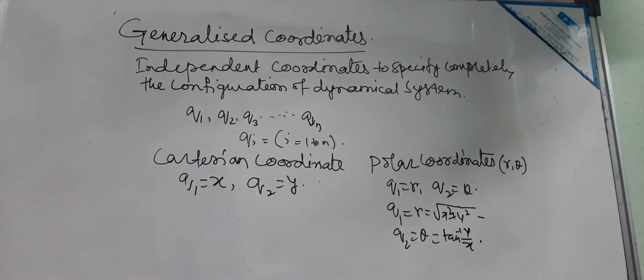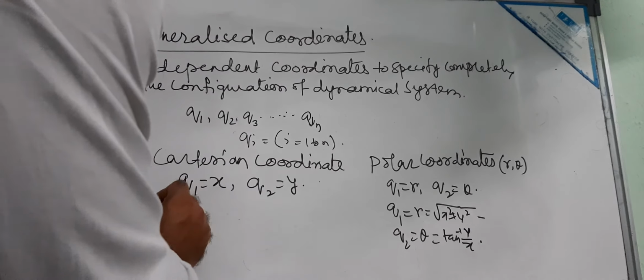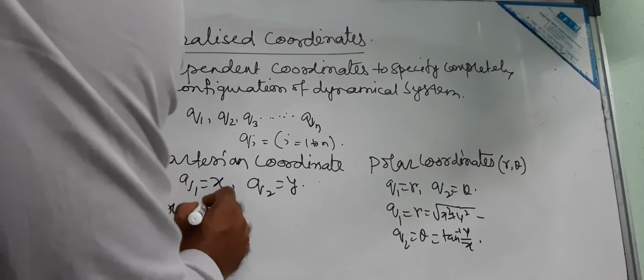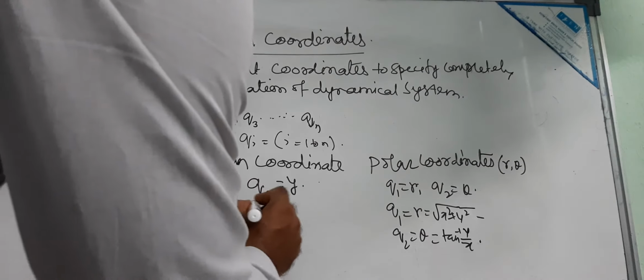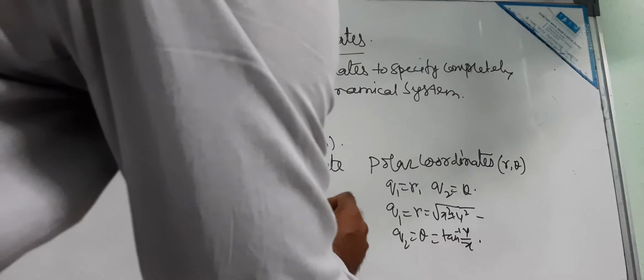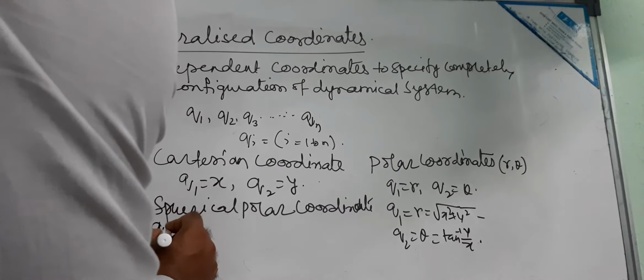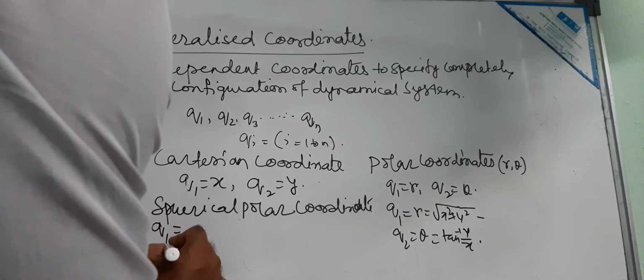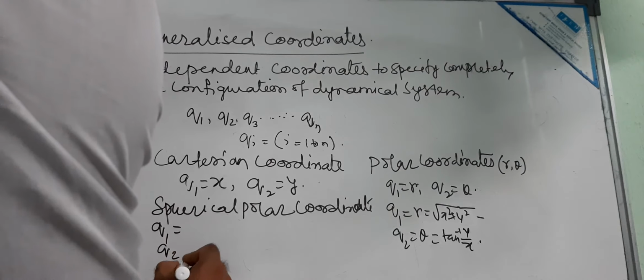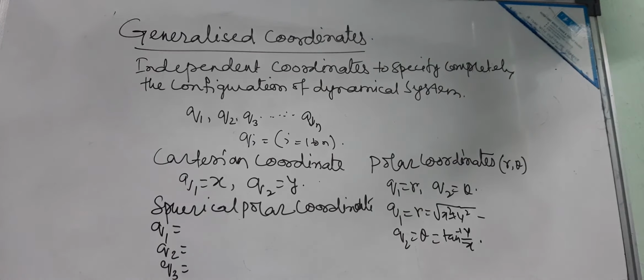Now if it is spherical polar coordinates, how do we represent it? The generalized coordinates q1, q2 and q3 are r, theta and phi.